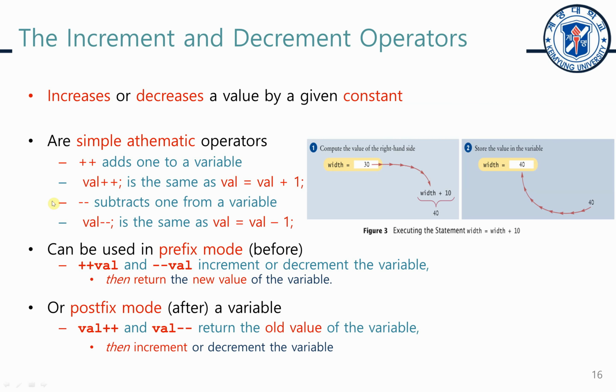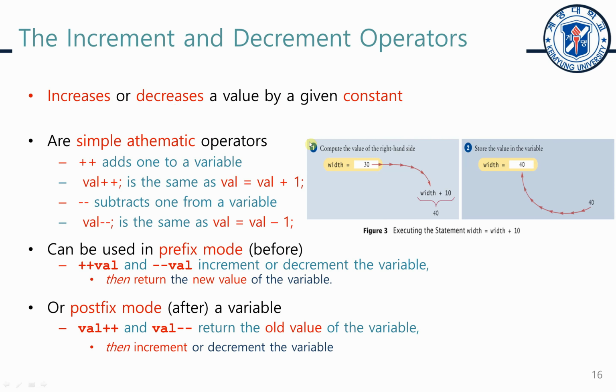So what is the purpose of increment and decrement operators? The purpose is to increase or decrease a value by some constant. By doing this, we can control how many times a statement is done, or find out the maximum time.